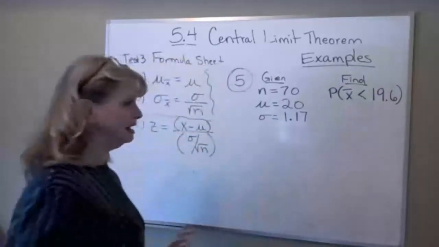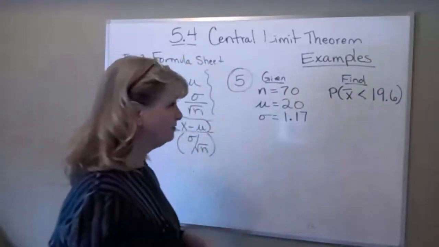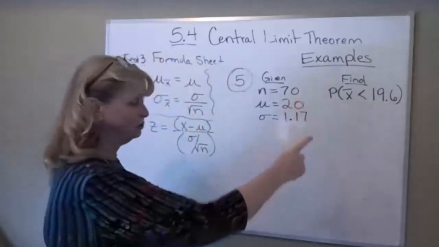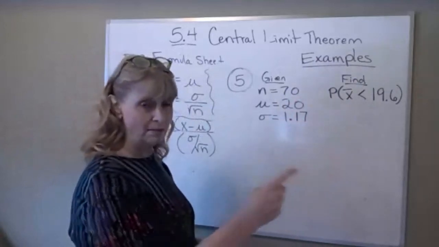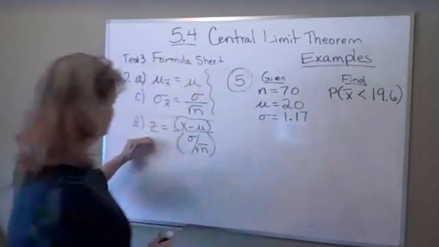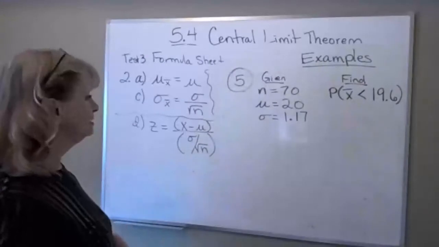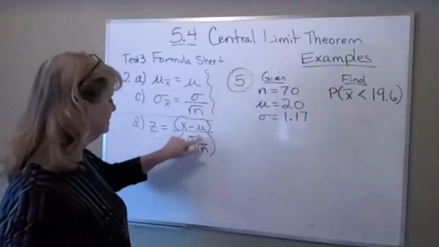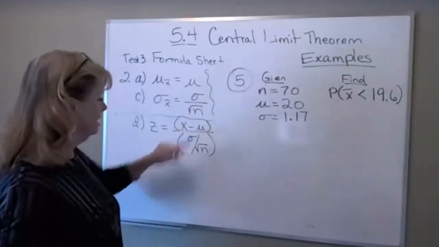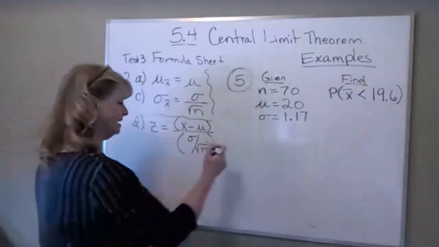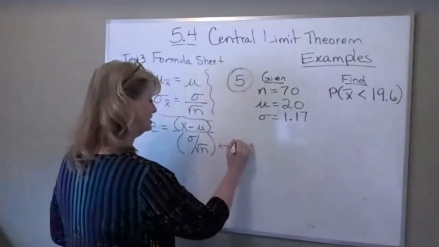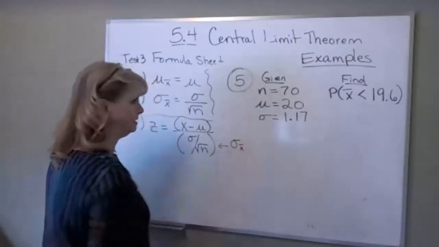So the first thing we need to do is change that probability to be about a z-score. But to do that, I'm going to need these numbers. Now realize that this thing down here is actually the standard deviation of the sample means.